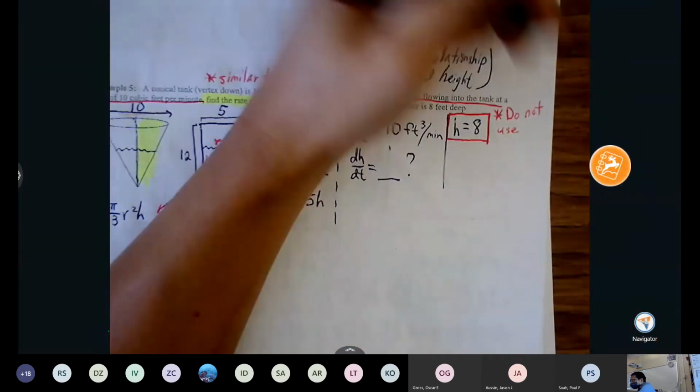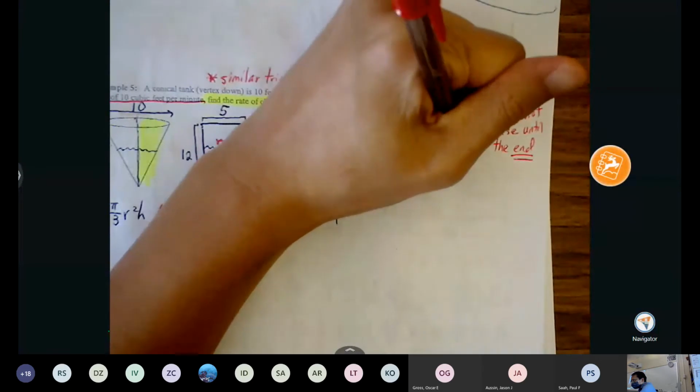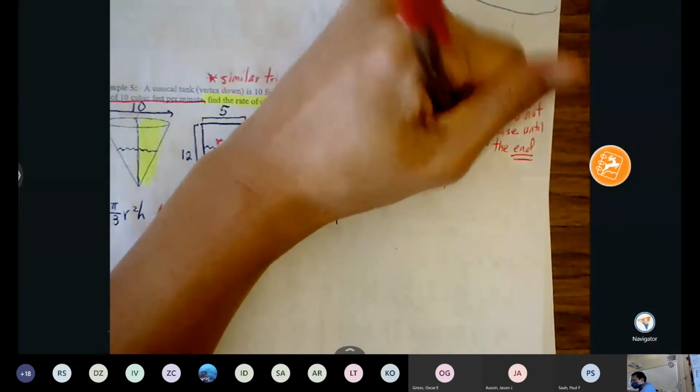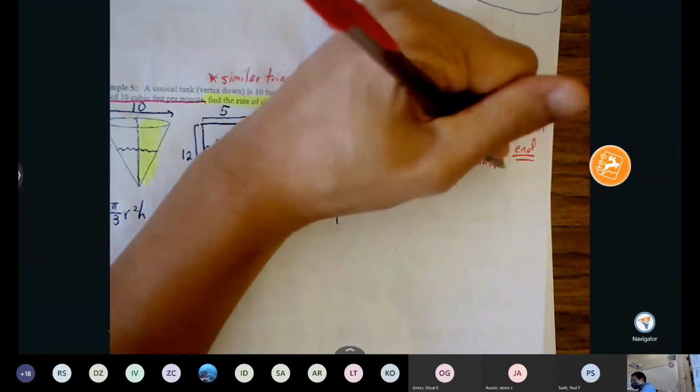What I want to say about this H equals 8 is do not use it until the very end. Basically, you're not going to use it until after the derivative has shown up.